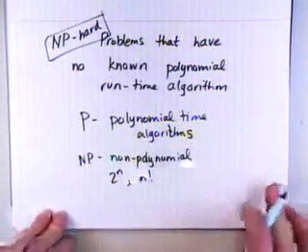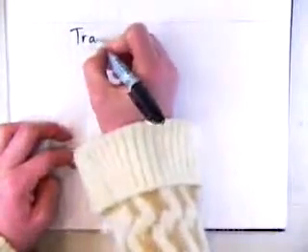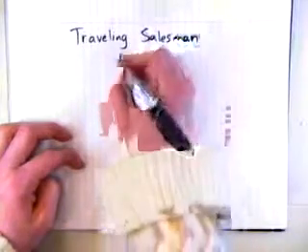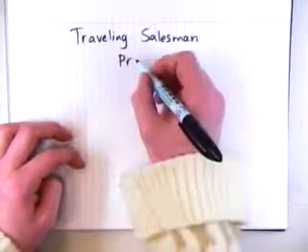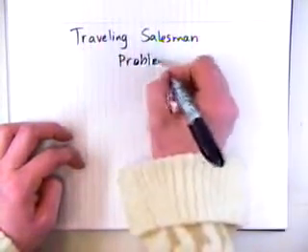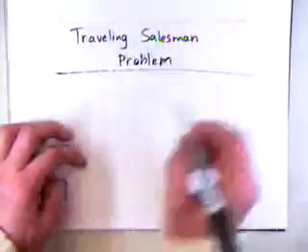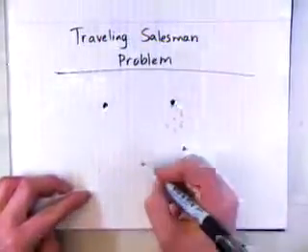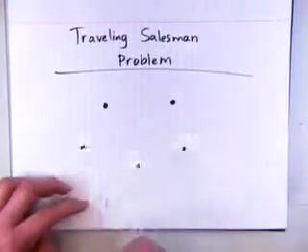So let me give you a classic NP problem, since we're talking about it, the traveling salesman problem. Is that 2n or 2 to the power of n? 2 to the power of n. 2n is a polynomial. The traveling salesman problem is that you have several cities you want to go to and make sales.